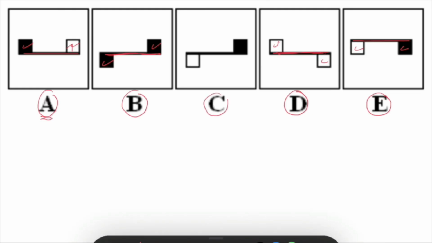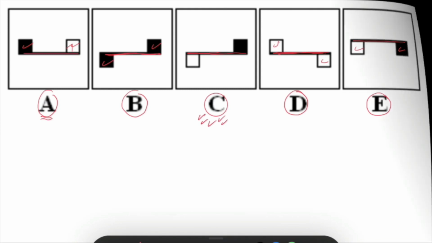And if we look at C, we have two squares on different sides, but they have different colors, which makes this the odd pattern, the strange pattern among the other patterns. So C is the answer to the question, which pattern is the odd pattern.